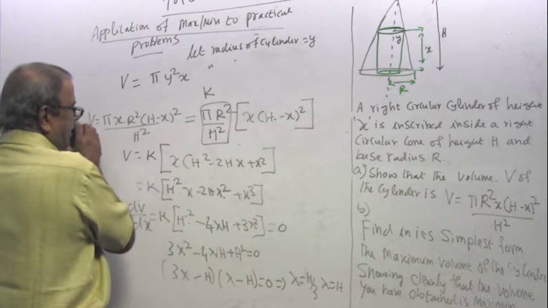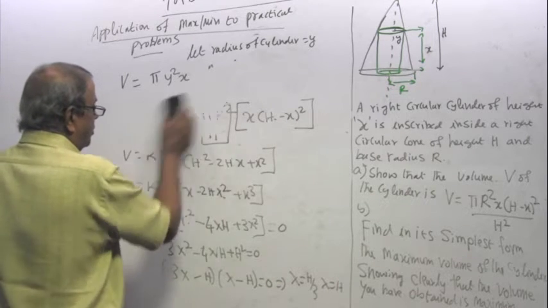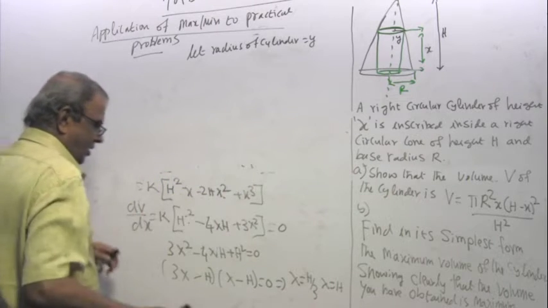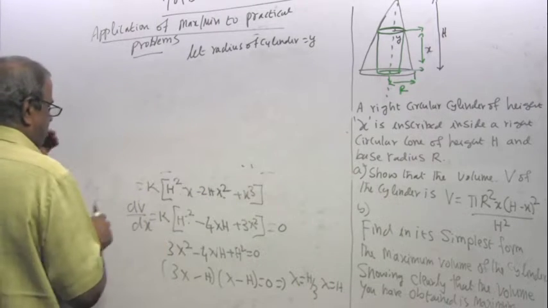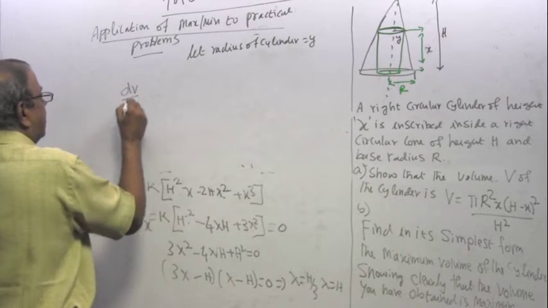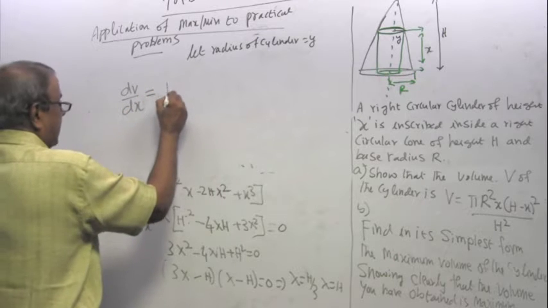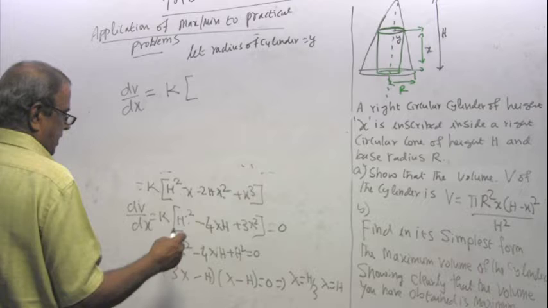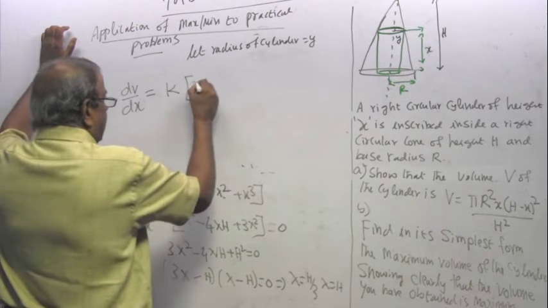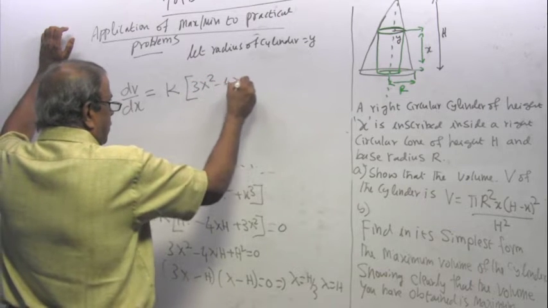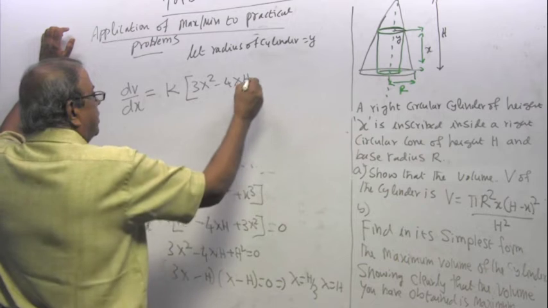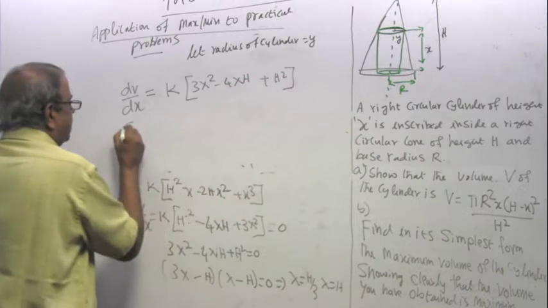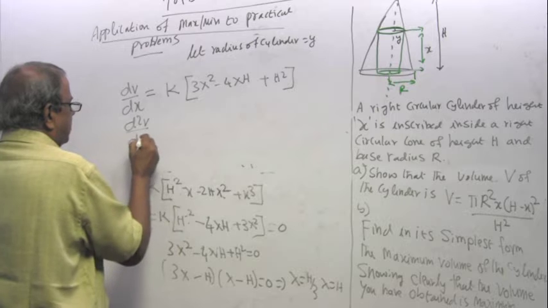So I will have to do d squared v by dx squared. Okay. So let me write dv by dx. dv by dx is equal to k times 3x squared minus 4xh plus h squared. What is d squared v by dx squared?